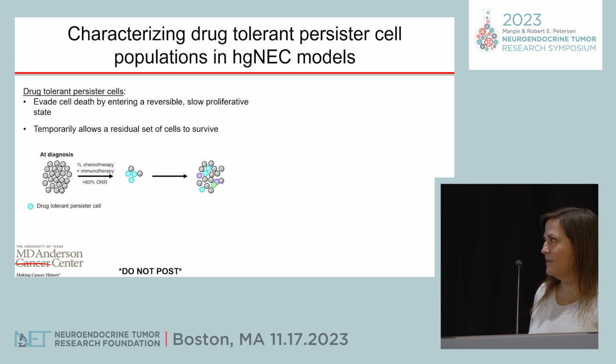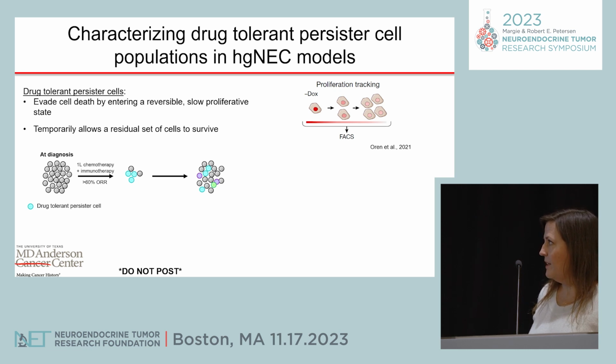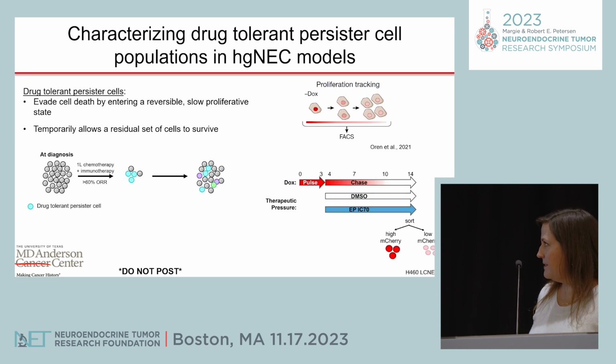And this allows these residual cells to survive. And so to study this, we've been using this really nice construct described by Oren et al. 2 years ago. It's simply a DOX-inducible mCherry system. So cells express mCherry, and as the cells proliferate, the mCherry is diluted out, which allows us to identify high cycling and low cycling populations.